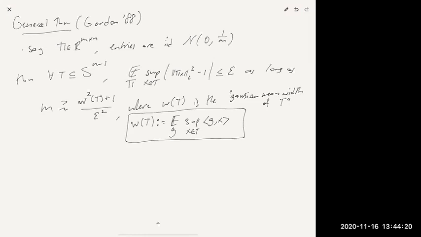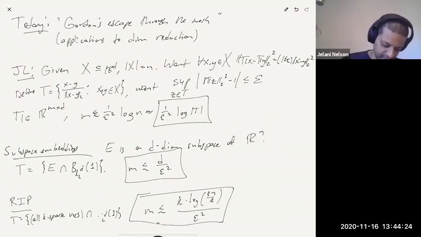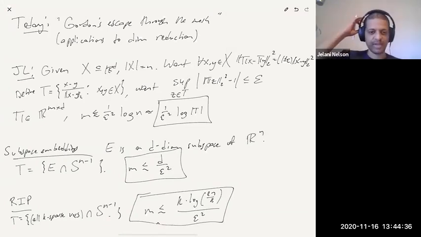So here I should have said S^(n-1), right, because as long as pi preserves everything on the sphere, it preserves everything off the sphere as well because it's linear.